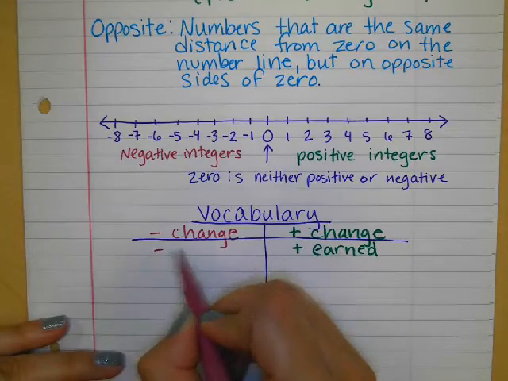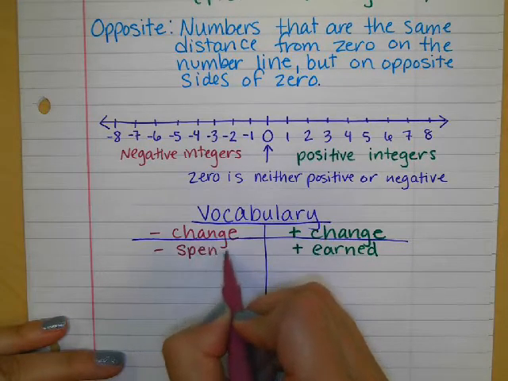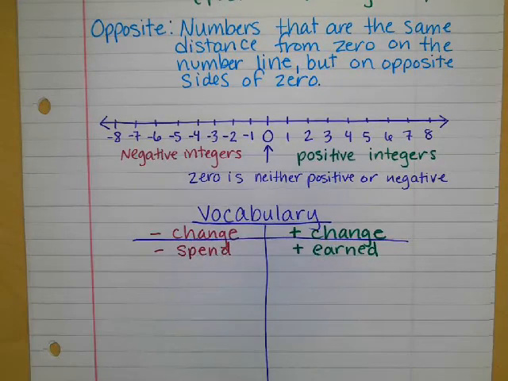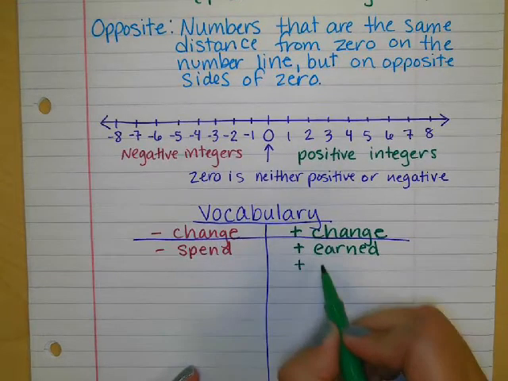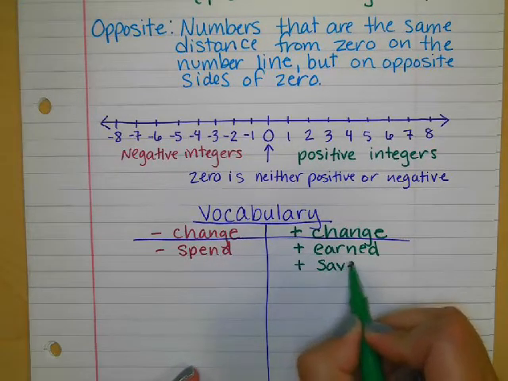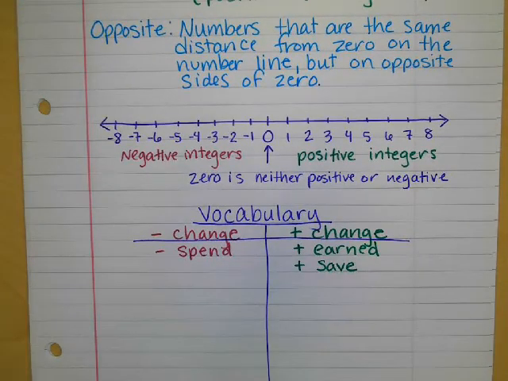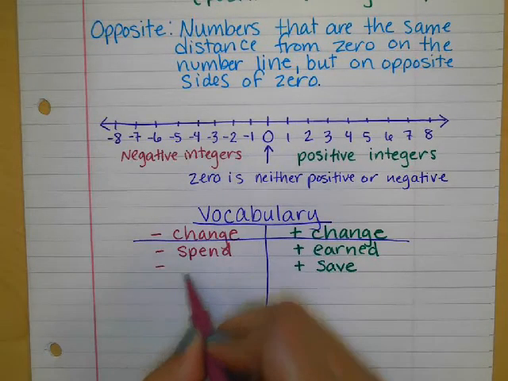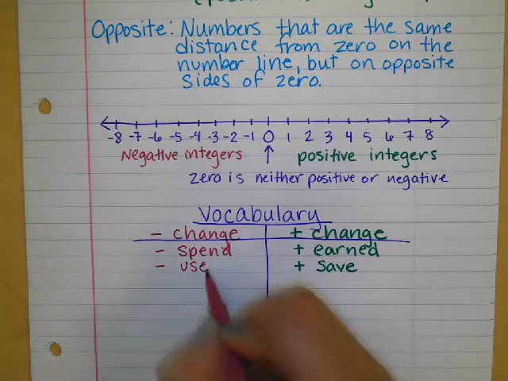So the negative is going to be to spend. You spend money. Another thing that you could write for the positive would be to save. You're saving money. And on the other side, to use something up would be negative.